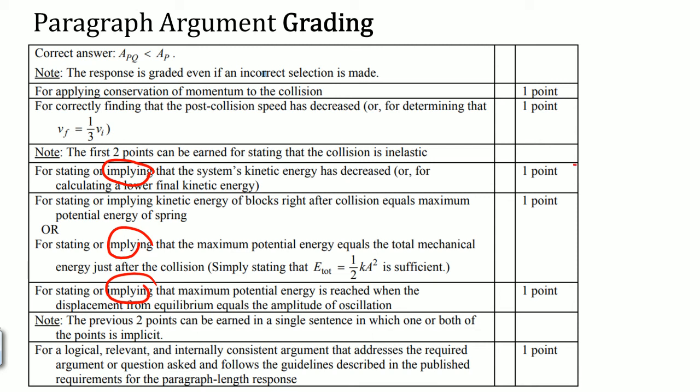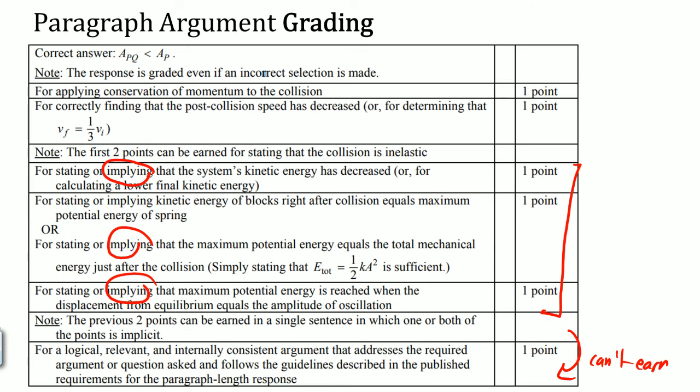If you do not get any of these points, you cannot earn this. Cannot earn this without getting these 3 points. An easy way to earn points here is to make sure you're stating the right conservation: conservation of energy or conservation of momentum. One of those 2 conservation laws will always get you a point. You just got to figure out which one you're using. All right? But there you go.